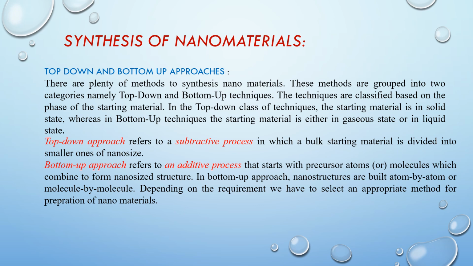These methods are grouped into two categories, namely top-down and bottom-up techniques. The techniques are classified based on the phase of the starting material. In the top-down class of techniques, the starting material is in solid state, whereas in bottom-up techniques, the starting material is either in gaseous state or in liquid state.